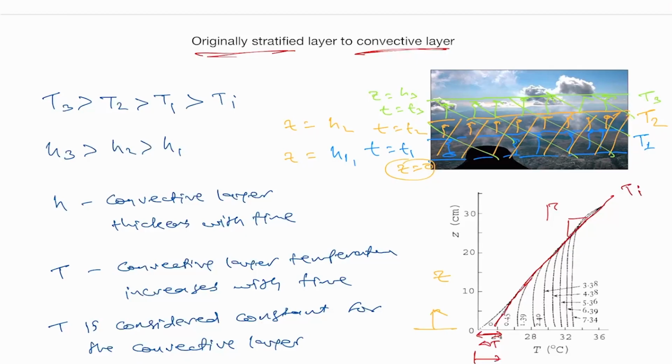But with time you can see how this temperature is slowly increasing, and the thickness of the layer is also increasing. So you can see this is sort of H1, this is H2, this is H3, this is H4, etc. And the temperature for this H1 can be seen that has become T1. After H2 it has become T2, etc. Right?